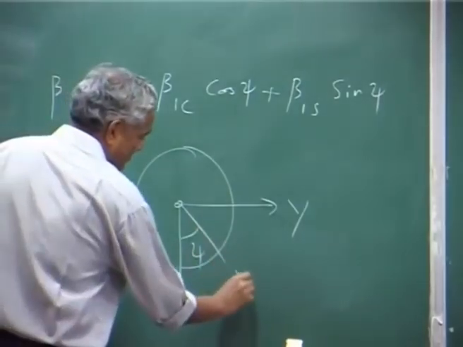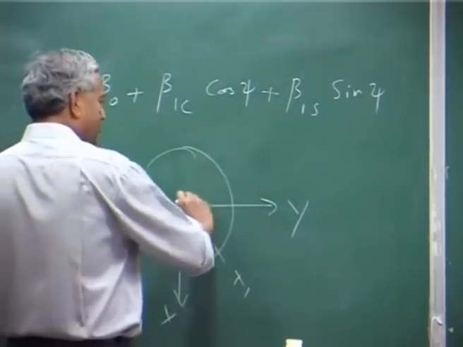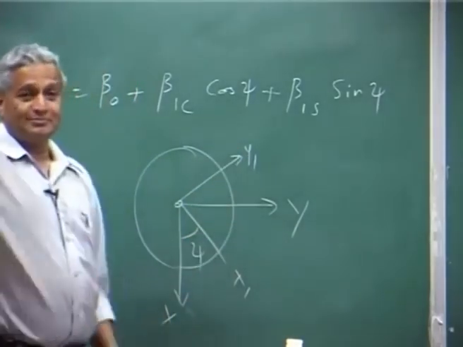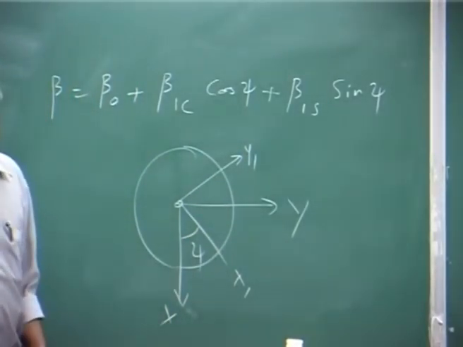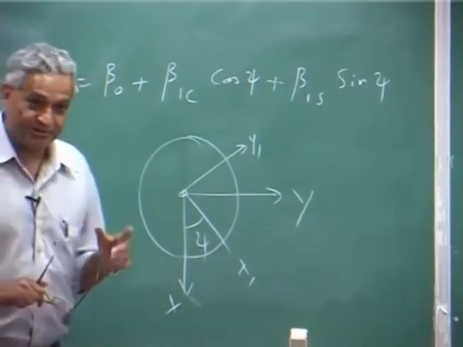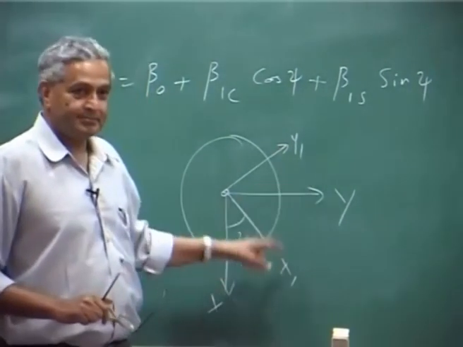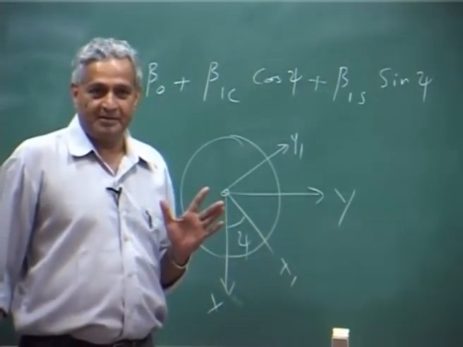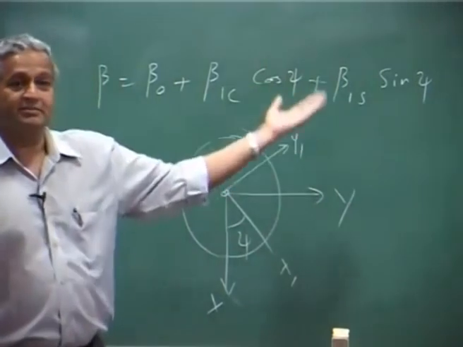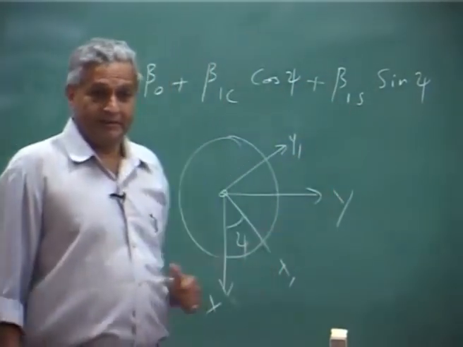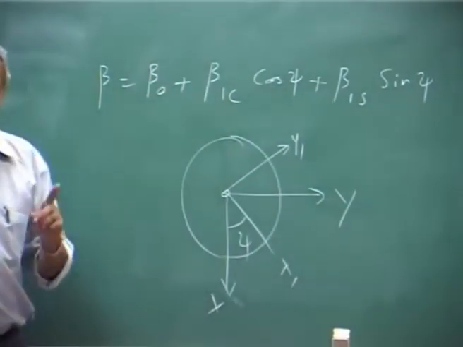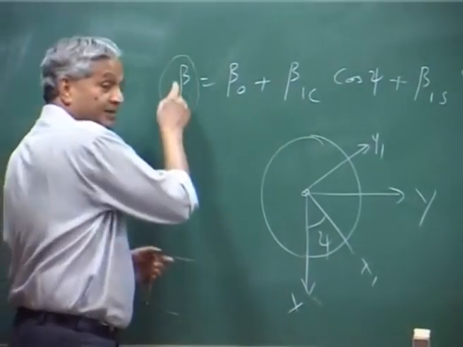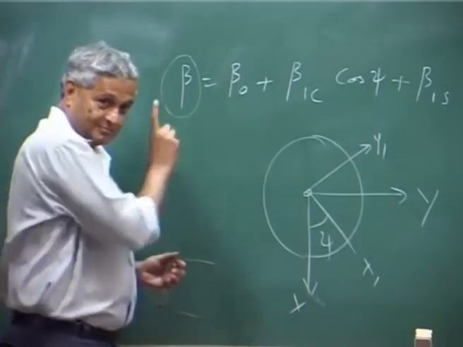You have x1 and you had y1, right, and in this x1 y1 the blade is moving up and down. So, you are writing the equation of motion in the rotating frame x1 y1, because in that frame only how the blade is flapping up and down. That is beta, this quantity, you understand.